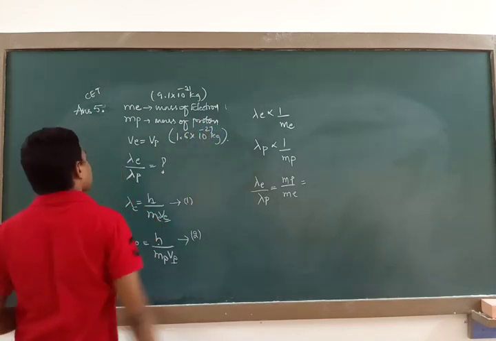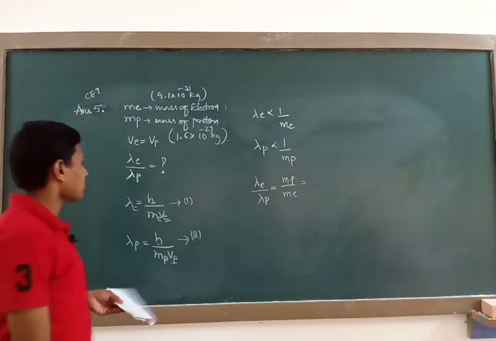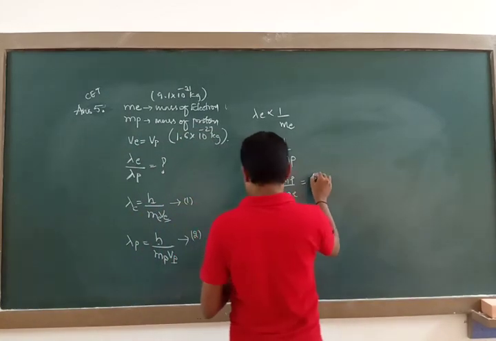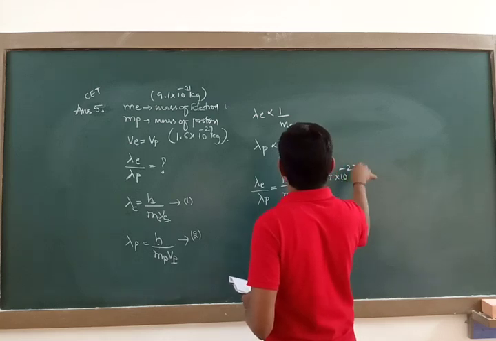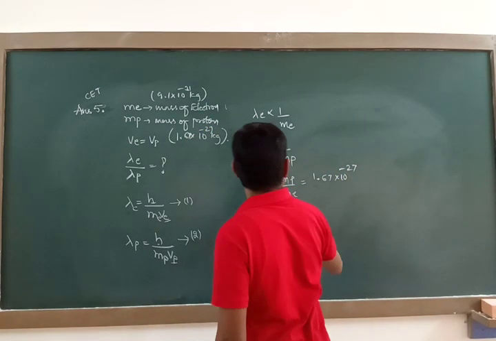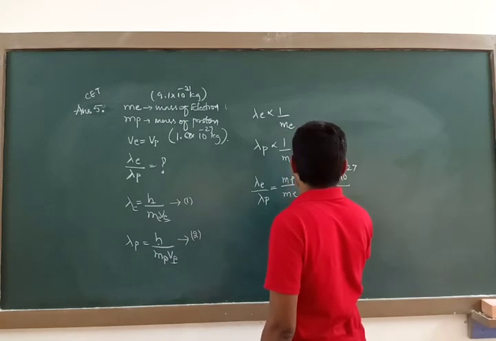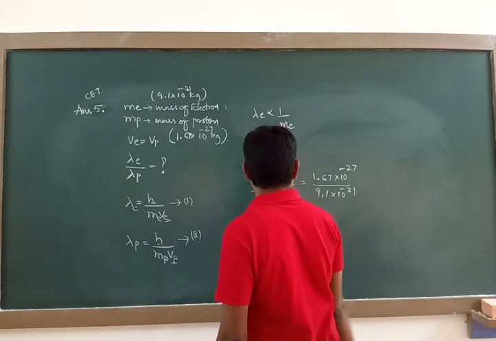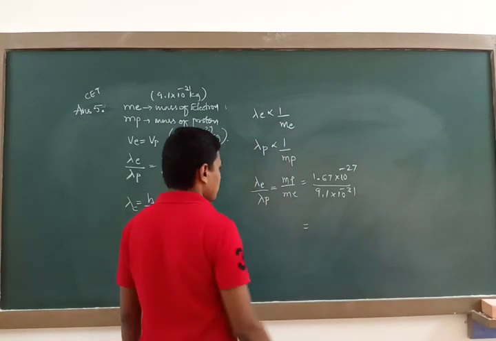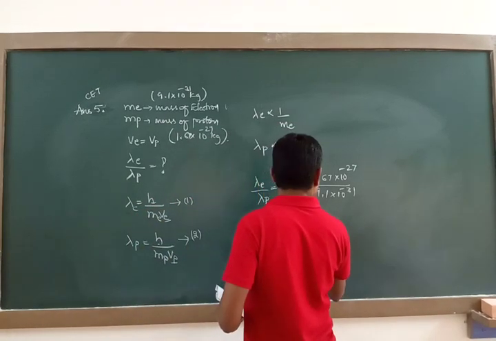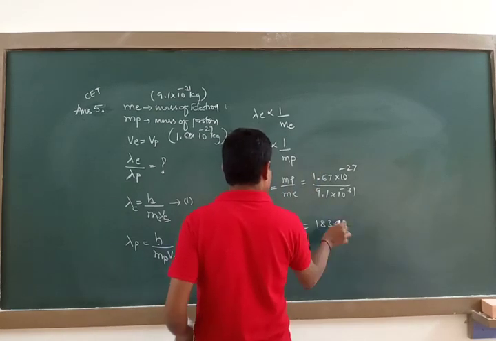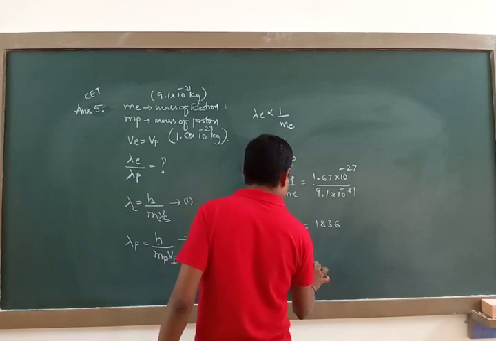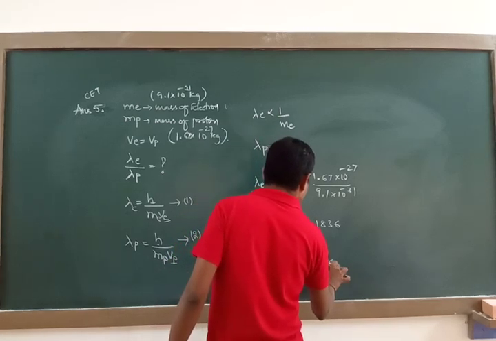So the mass of a proton, that is 1.67 into 10 raised to minus 27 divided by 9.1 into 10 raised to minus 31. If you simplify, you will get a number. I think you are getting one value here. It is 1836.